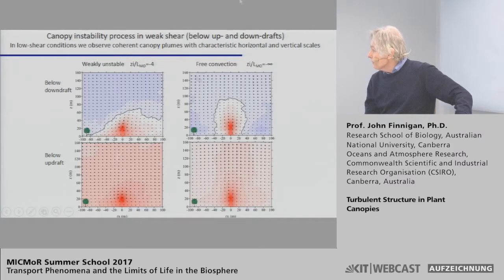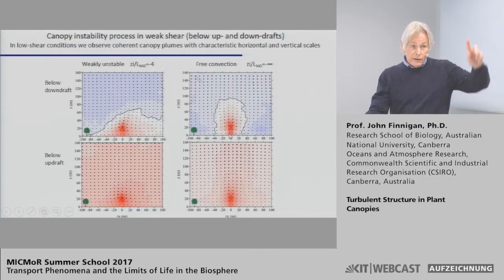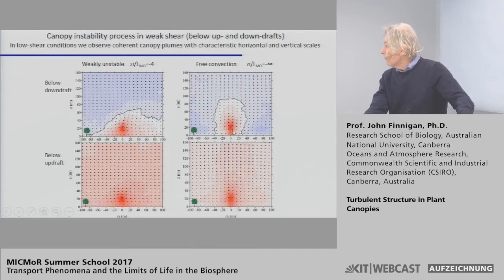These are velocity vectors. If we look below the updraft, we get the plumes about the same size now, but it now continues up. In the free convection case, remember this is weakly unstable, these are rolls. Free convection case where we have cells, pretty much the same picture, except now the plumes extend for a greater distance up to about 2 canopy heights. So pick your contours to plot.